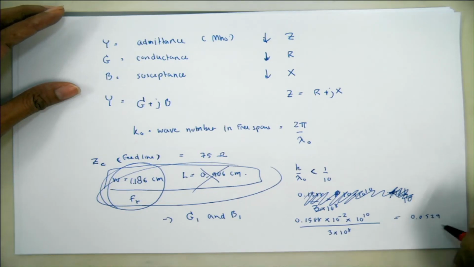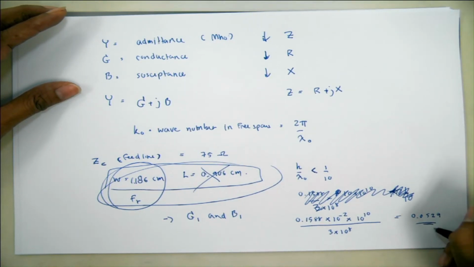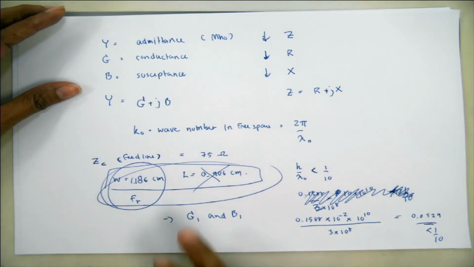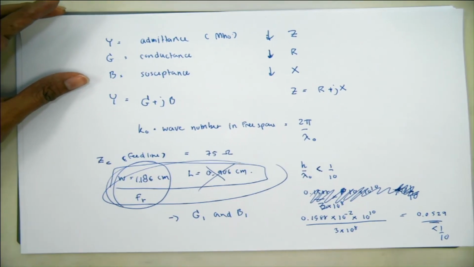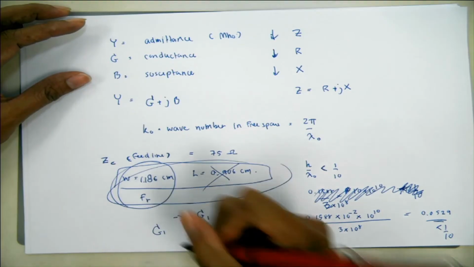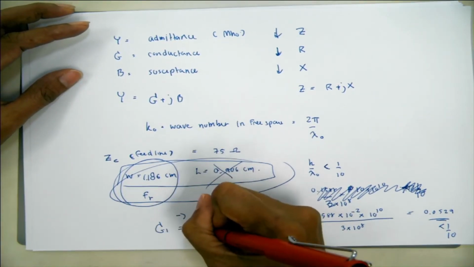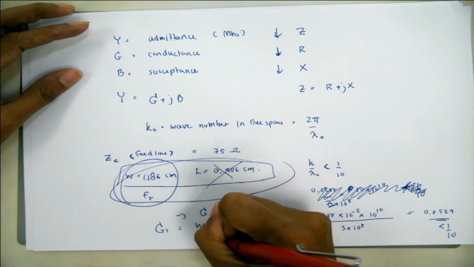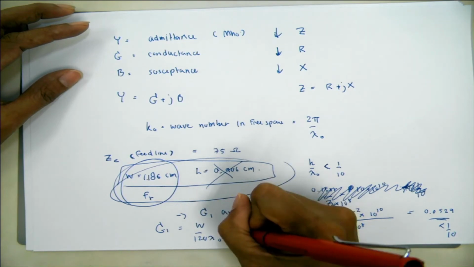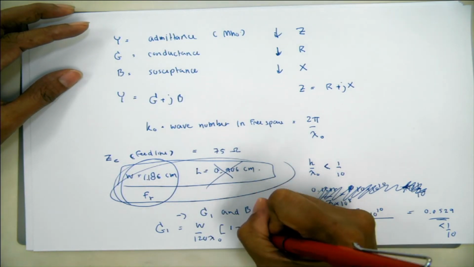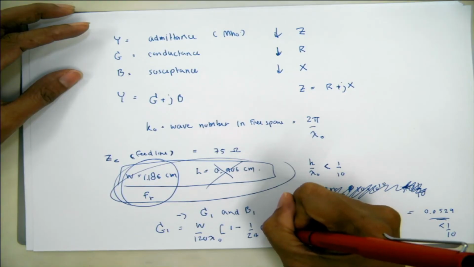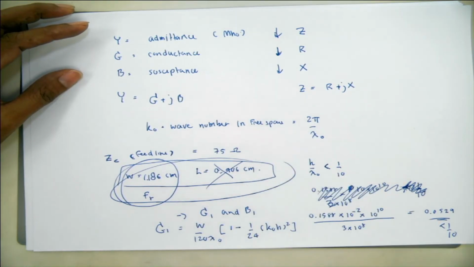This means it is less than 1/10, so we can use this equation. You can find G1 by W over 120 lambda naught, times 1 minus 1 over 24 (k0 h) squared.